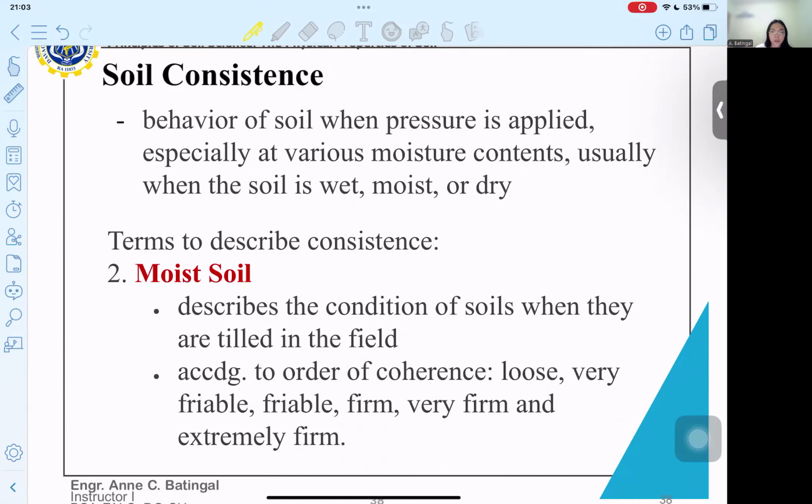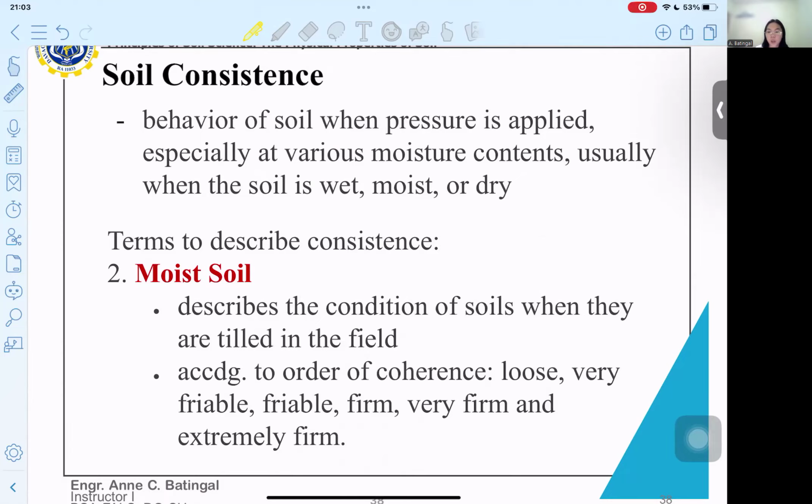We measure moist soil in order of its coherence. On the loose end, the soil that crumbles most easily is your friable soil. Friable soil is the ideal standard for planting.